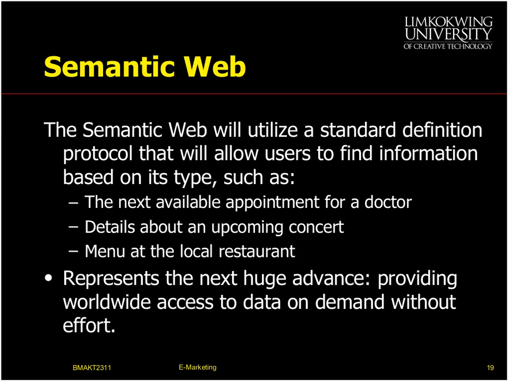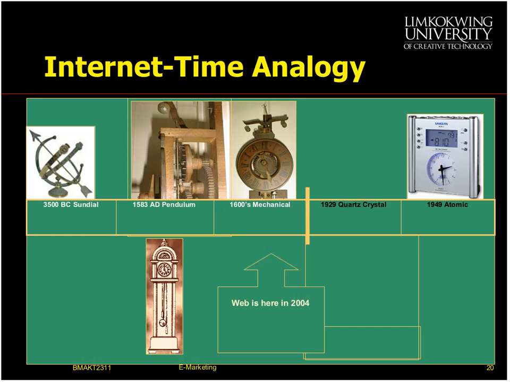Okay, let's finalize our whole session by talking about the internet time analogy. You can see what happened during the different periods of time. 2500 BC, before Christ. What were basically the tools for measuring time and so on.